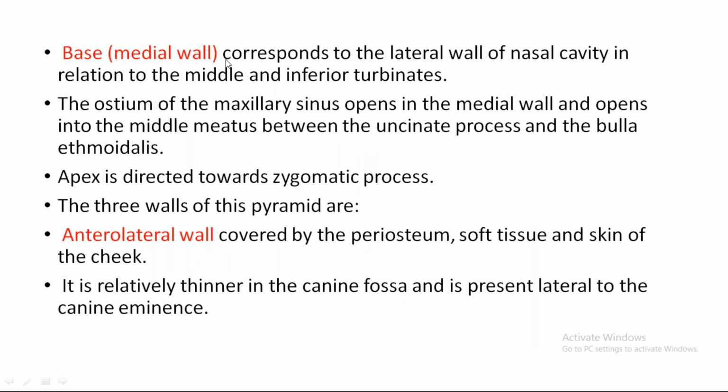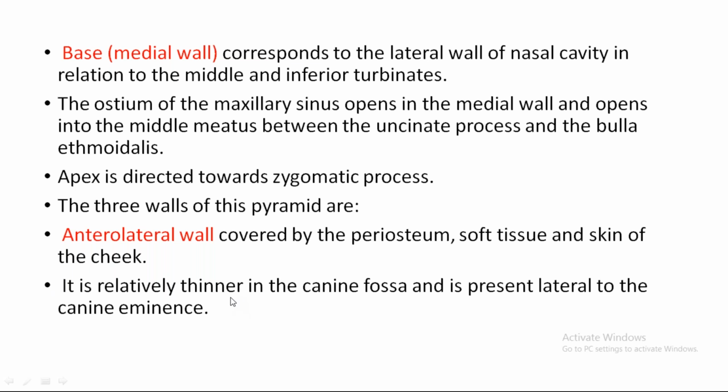So the base or medial wall corresponds to the lateral wall of the nasal cavity. We've already discussed in relation to the middle and inferior turbinates. The ostium of the maxillary sinus opens in the medial wall and opens into the middle meatus between the uncinate process and the bulla ethmoidalis. So the apex is directed towards the zygomatic process, and the three walls of the pyramid are, first, the anterolateral wall covered by periosteum, soft tissue and skin of the cheek.